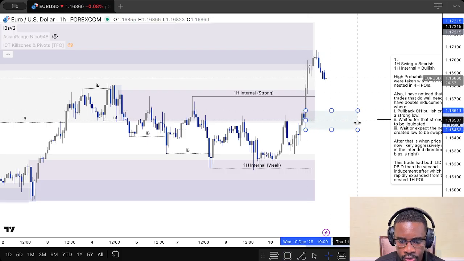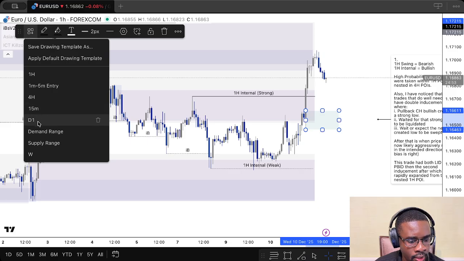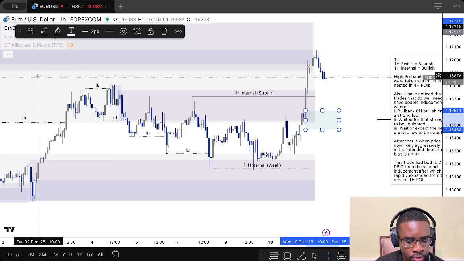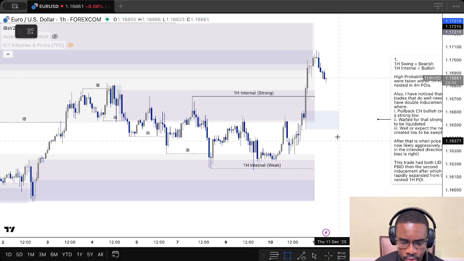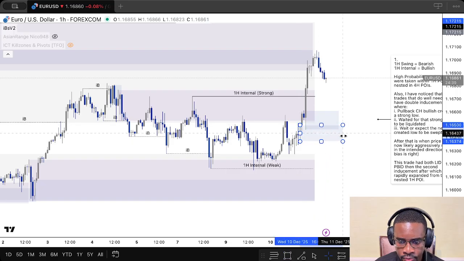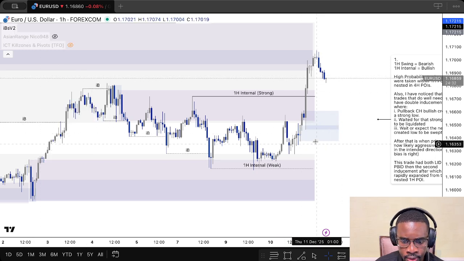Here we have this demand, not the strongest, because we have no fractal structure except just a bearish candle. This would be better because this is fractal structure. However, it's already been mitigated.